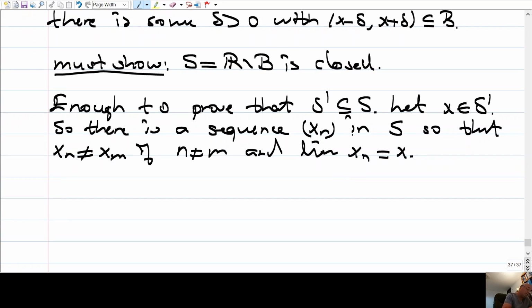This is an equivalent statement for an accumulation point.